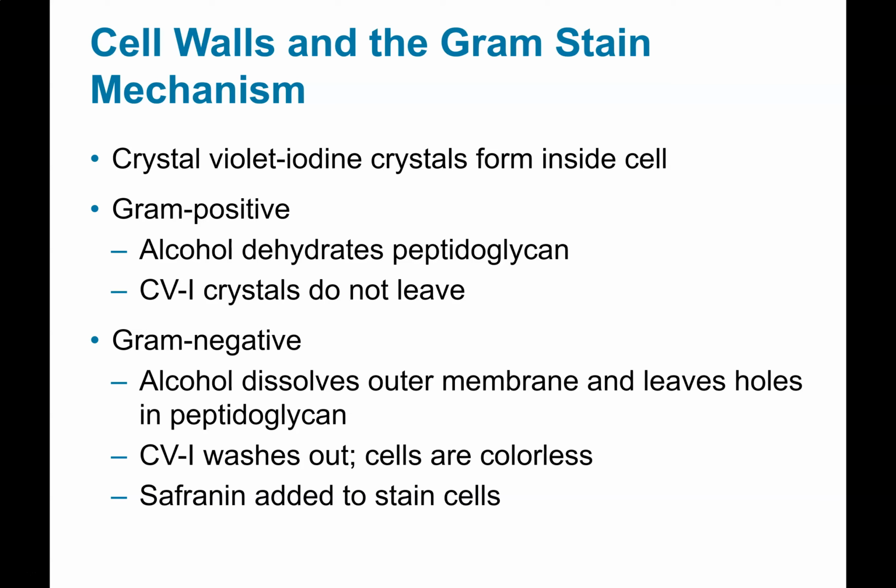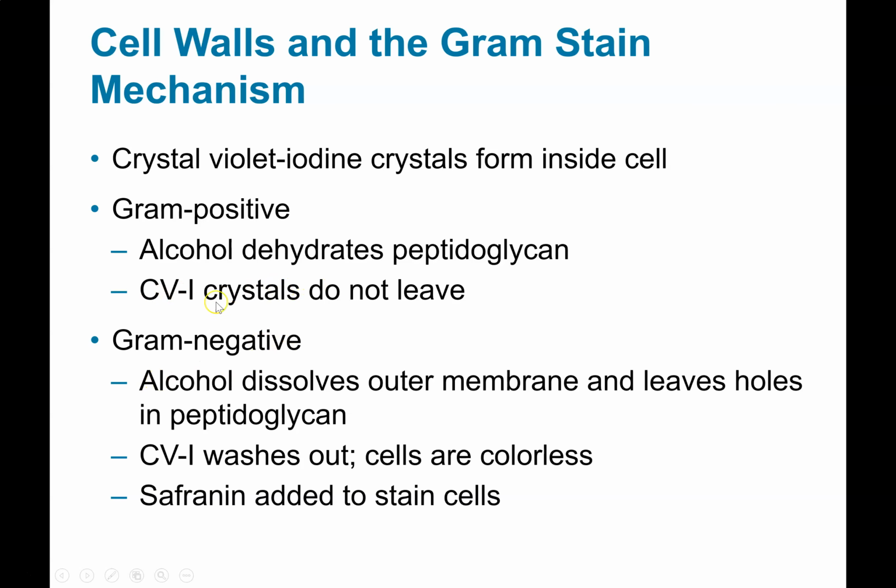Then you add iodine, which is a mordant. Iodine crystallizes with crystal violet. It forms large complexes, large crystals that will get trapped in the layers of peptidoglycan. And once you add alcohol as the decolorizer, the gram-positive bacteria, who have the thick peptidoglycan, that peptidoglycan gets dehydrated, kind of shrivels up, and that further traps in the crystal violet iodine.